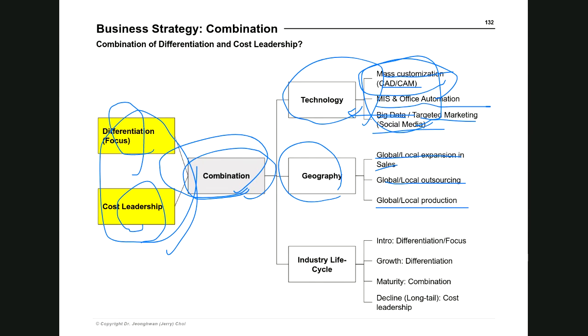We combine those two. Then we can apply the localization strategy in order to maximize the competitive advantage. We improve the differentiation competitive advantage, and we want to improve the cost leadership advantage. Is it possible? Yes, it's possible.